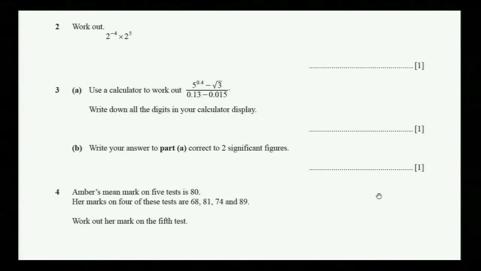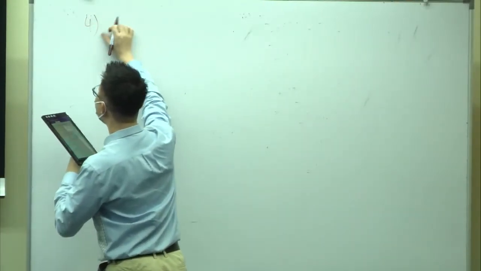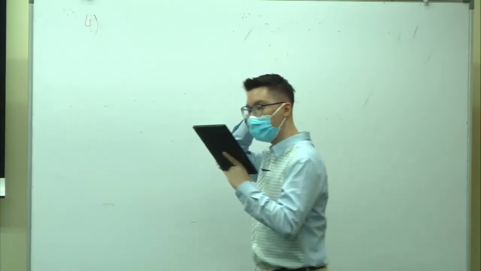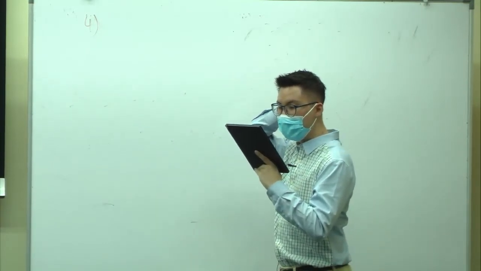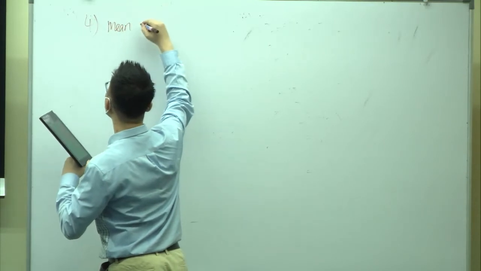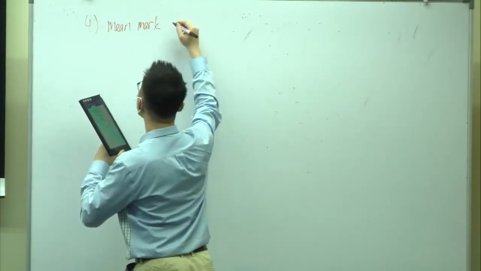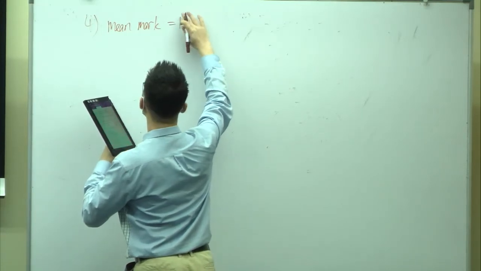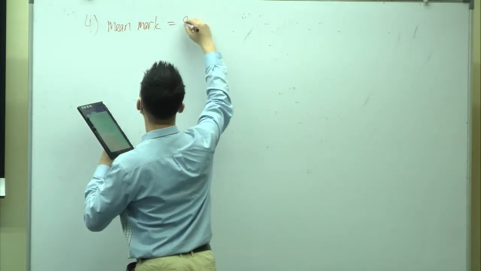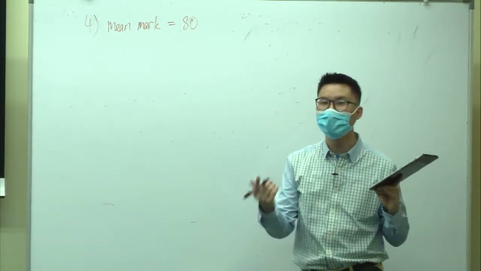So in this question, coming back to the whiteboard, it tells you the mean mark is 80. Did you know that we have a symbol for the mean?